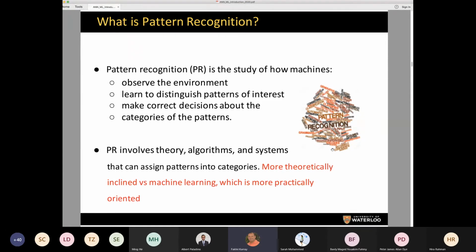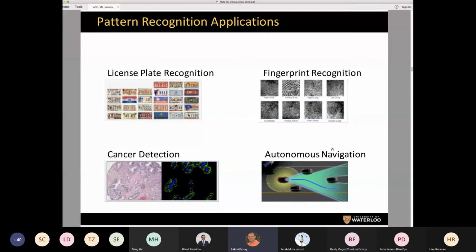But there were a number of issues with pattern recognition systems, which I am going to highlight after these slides or the next two slides.